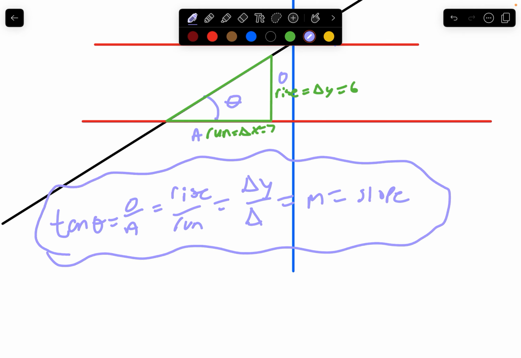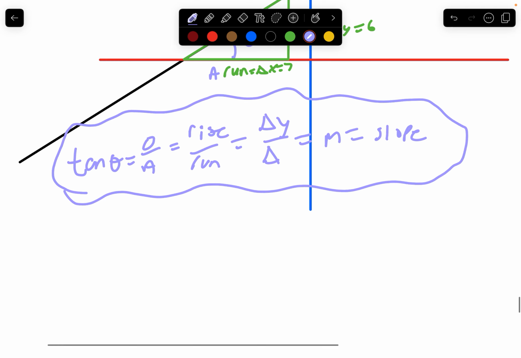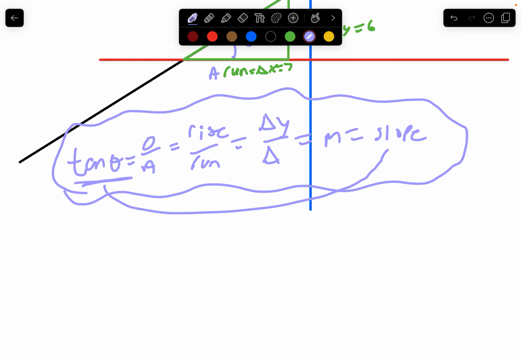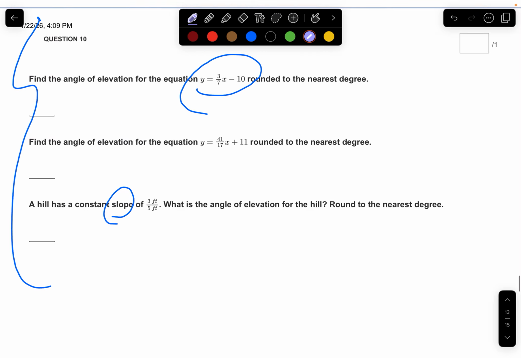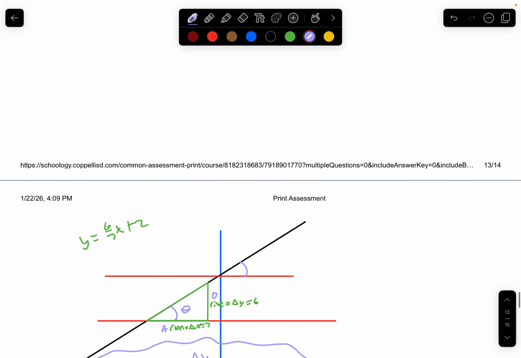All of this is the same thing when it comes to graphing. Tangent theta is the slope. So on all of these questions, tangent theta is just equal to the slope.